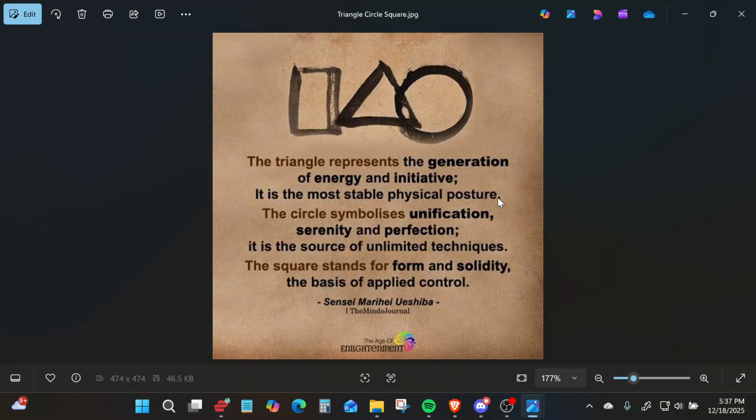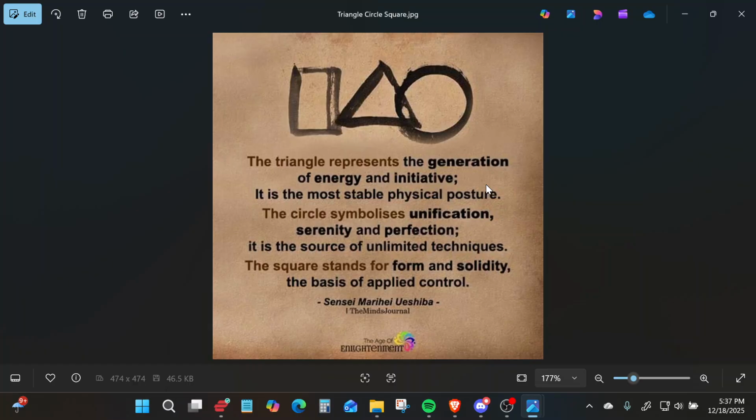The circle symbolizes unification, serenity, and perfection. Yeah, but the sources are never going to give you the true meaning of it, right? I think all these symbols are supposed to be personal, like how you interpret them. But if you don't read the words that they give you and just look at them, you see them for what they actually are.